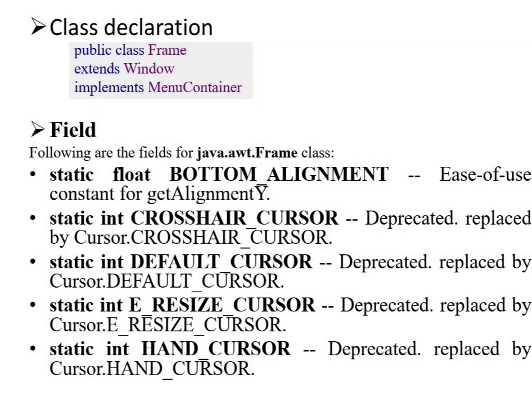Static int DEFAULT_CURSOR, deprecated, replaced by Cursor. Static int E_RESIZE_CURSOR, deprecated, replaced by Cursor. Static int HAND_CURSOR, deprecated, replaced by Cursor.HAND_CURSOR.